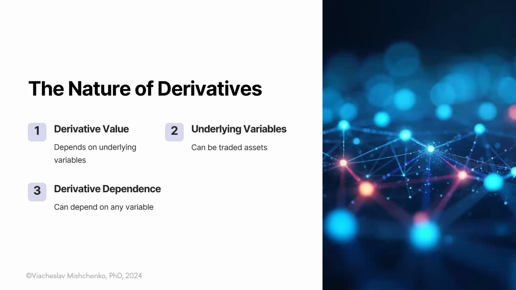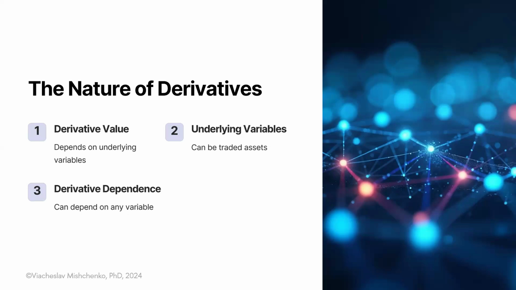It's really important to note that these underlying variables aren't limited to traded assets; in fact, derivatives can be based on almost any variable you can think of. This flexibility is what makes derivatives such a powerful and versatile financial tool.